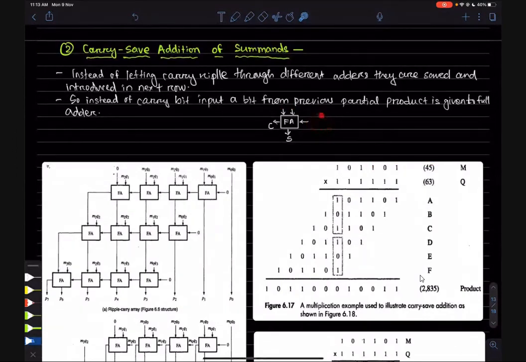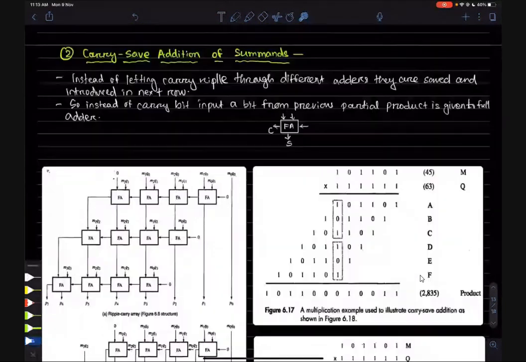In it we will give a partial product that was generated in the previous step. You will understand this when we do one example.